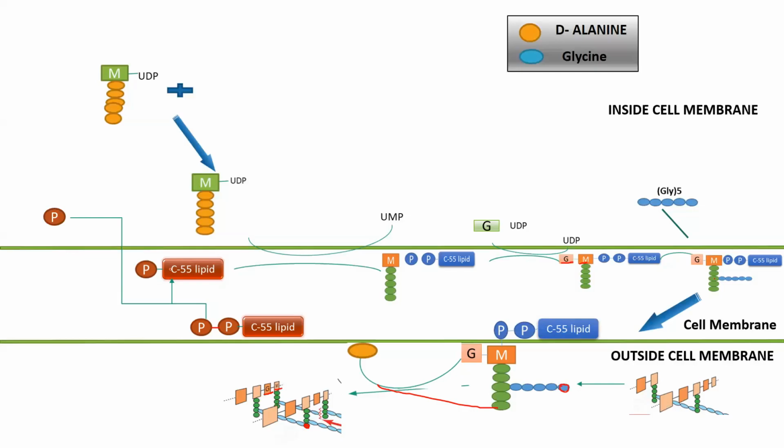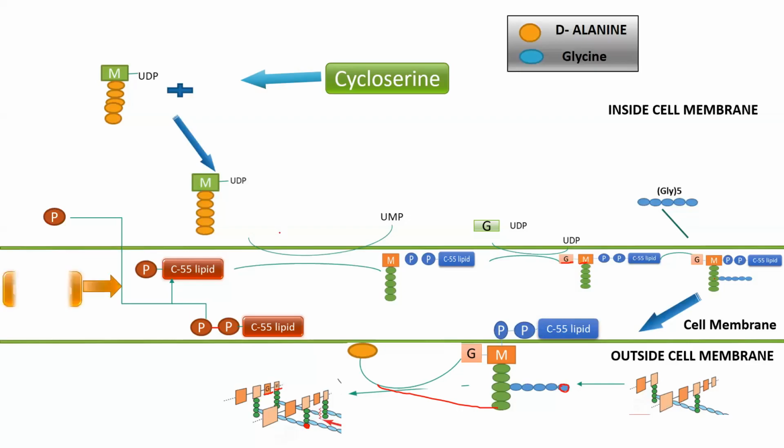So our drugs act on these steps. Cycloserine acts at this position; cycloserine is an analog of this alanine dipeptide molecule, and it competitively inhibits the formation of this pentapeptide.